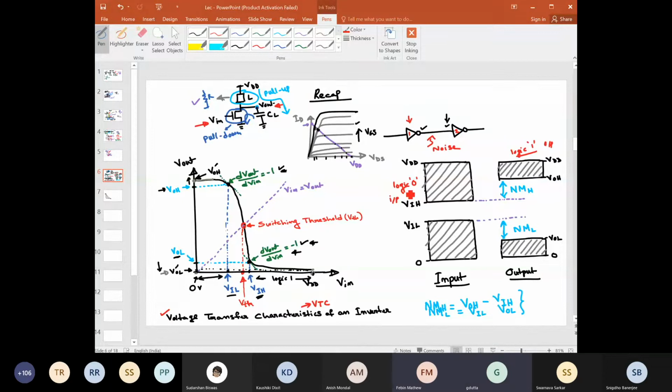Here is a small mistake. You are right. So it is logic 1 only. It is high only. So it is logic 1 for this input. And here it should be logic 0. Sir, it depends on which inverter you are considering.